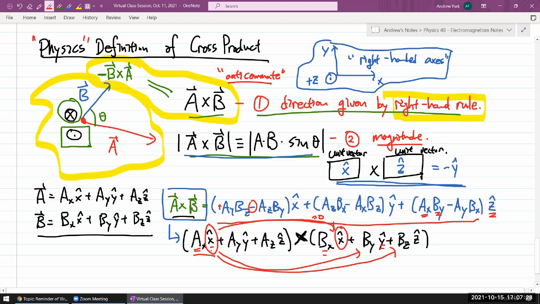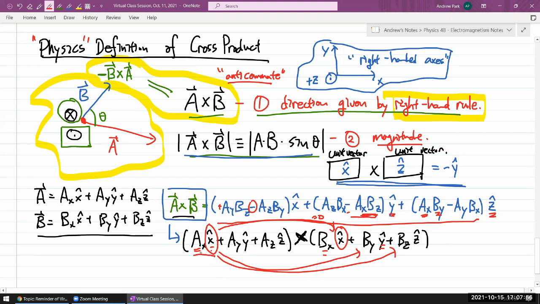And when you have x hat cross product with the z hat, then you have minus y hat. And so you have minus AX times BZ y hat, and that's this term here. So you can work this out component by component.